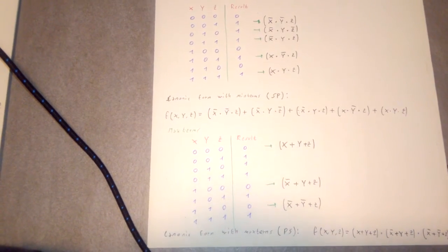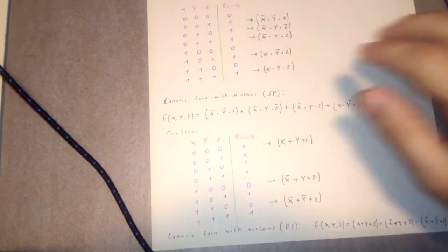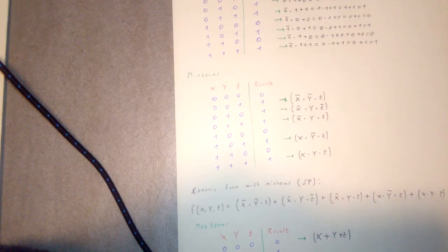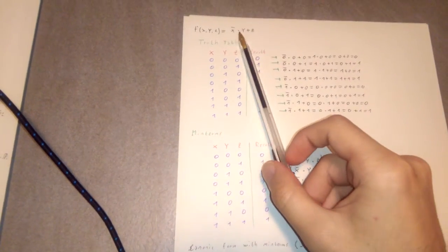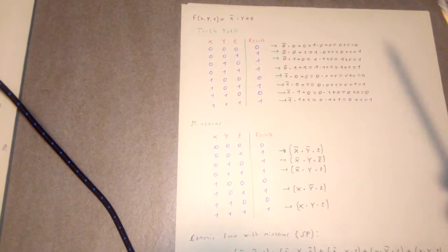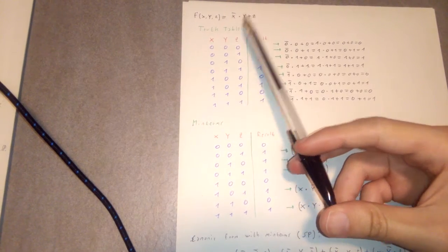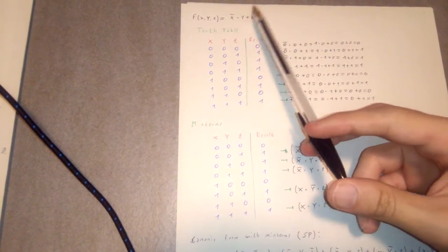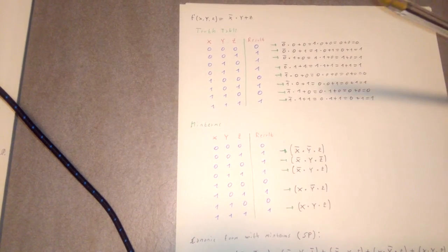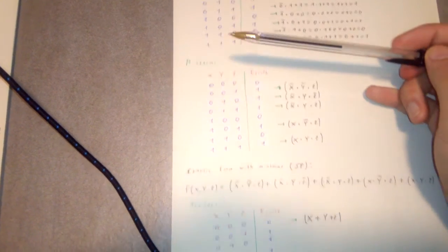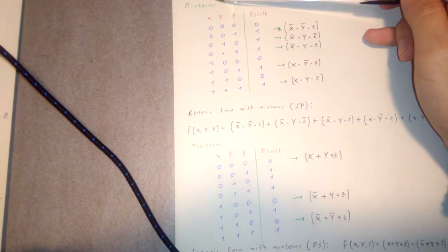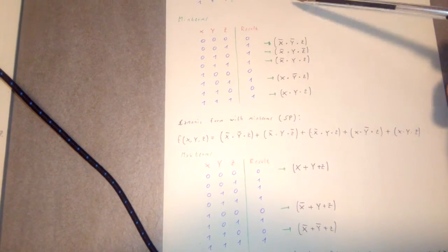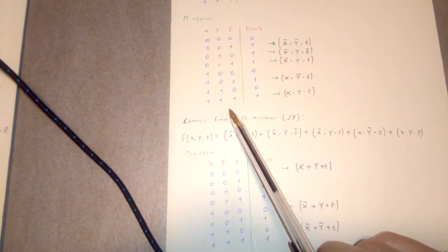So as you can see, whenever you get an expression, a function like this one, you can find the truth table by inserting each and every value and finding the output. And once you have done that, you can use either the Minterms or the Maxterms in order to find the canonic form.